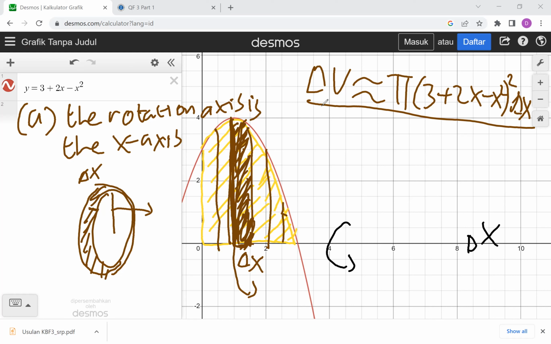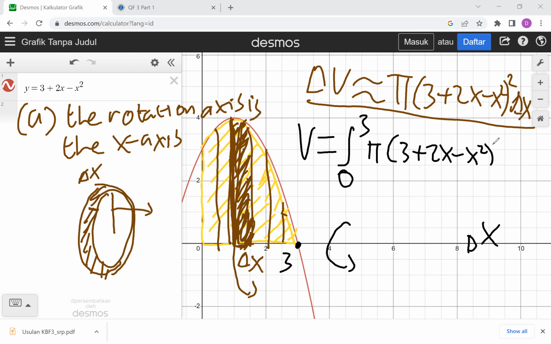Once you get this, V will be a summation, and then the limit, V will be the integral from 0 until the intersection at 3, pi (3 plus 2x minus x squared) squared dx. So that's the formula for the volume.